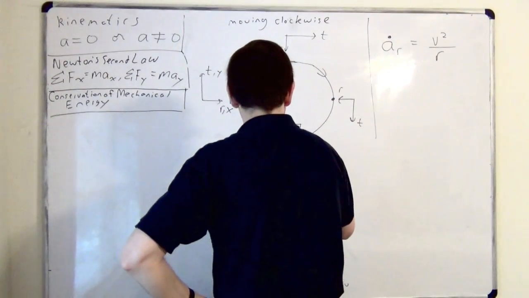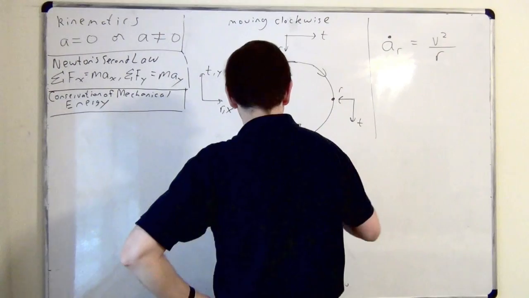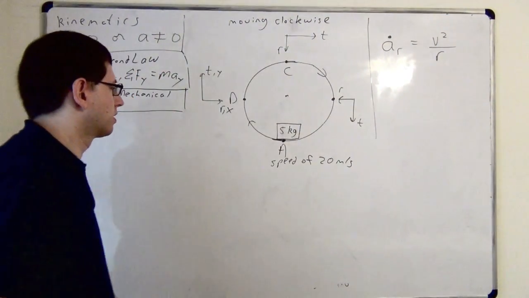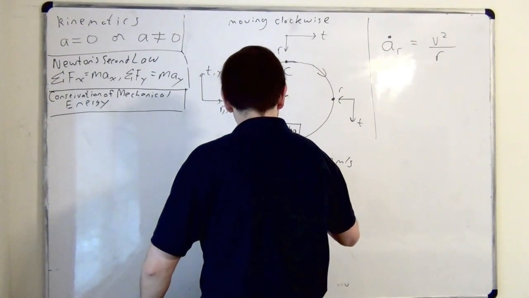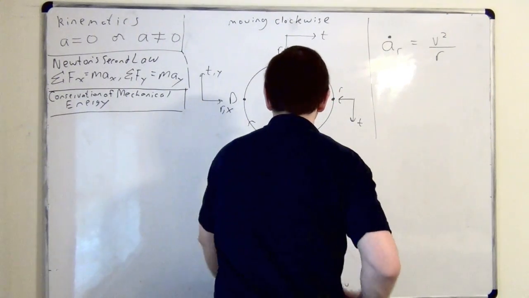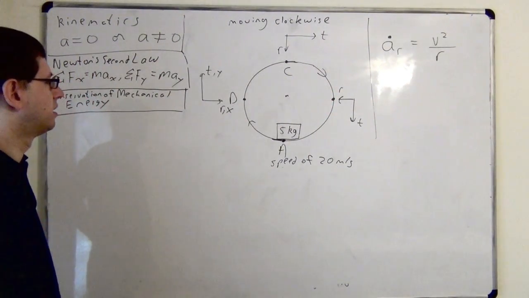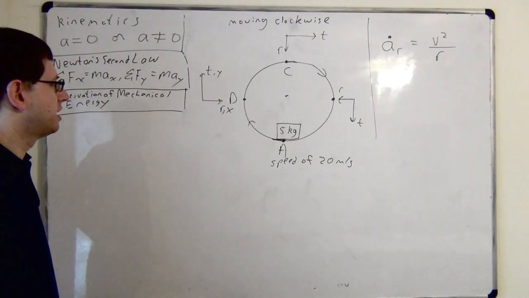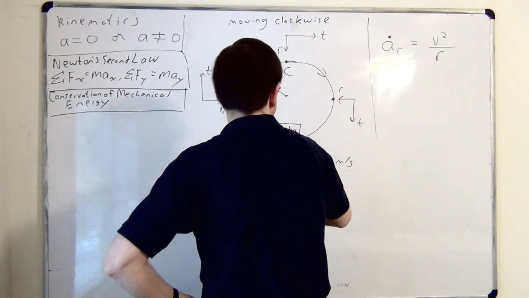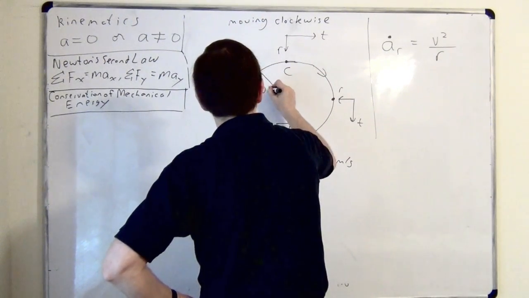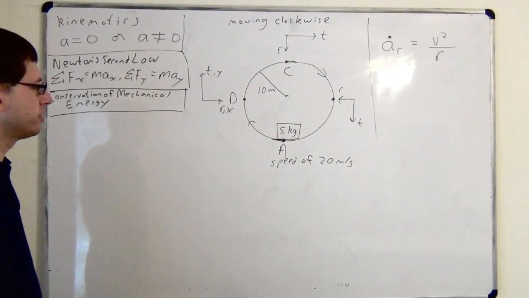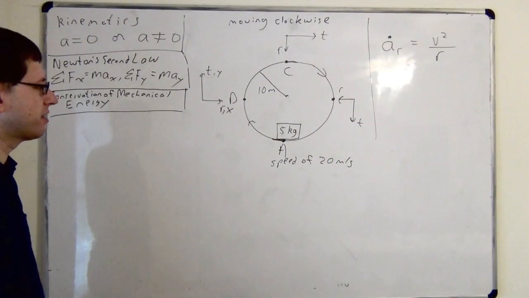And let's say that at this point we have a speed of 20 meters per second, and that this has a radius of 10 meters. And let's start trying to figure stuff out. So let's go through this together.